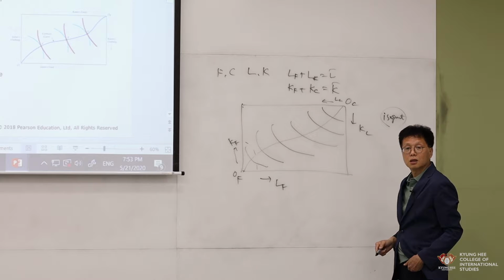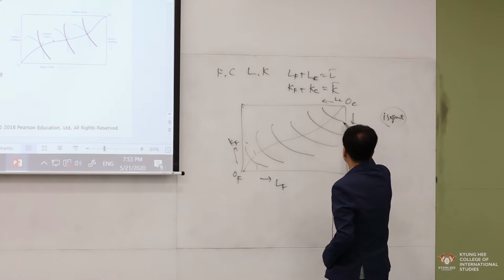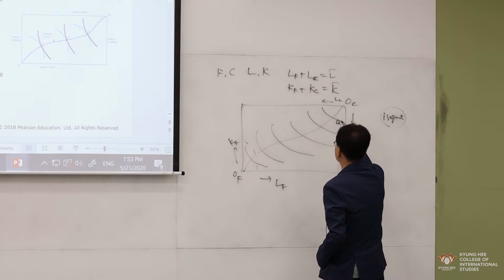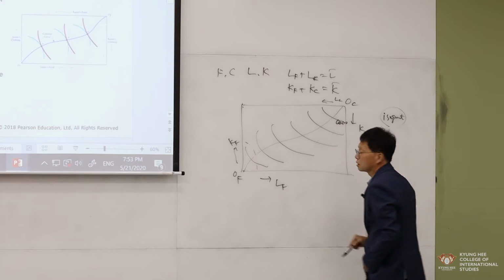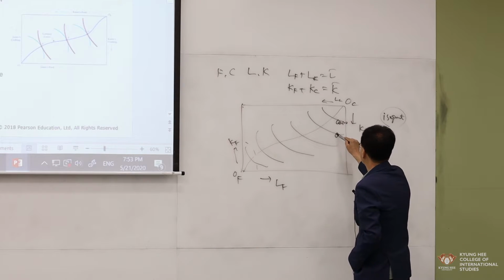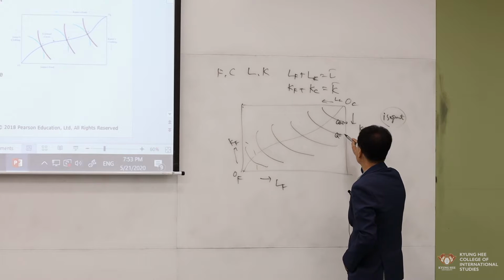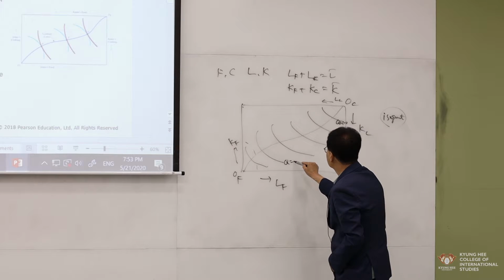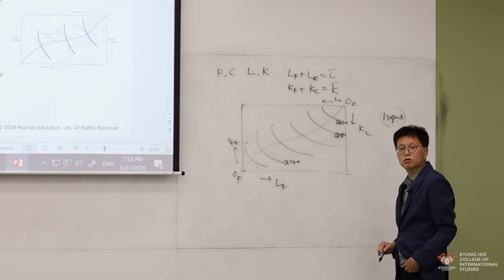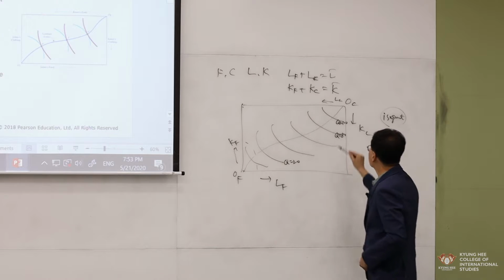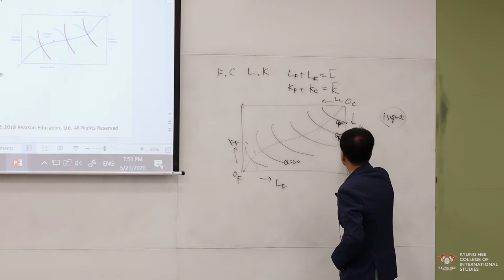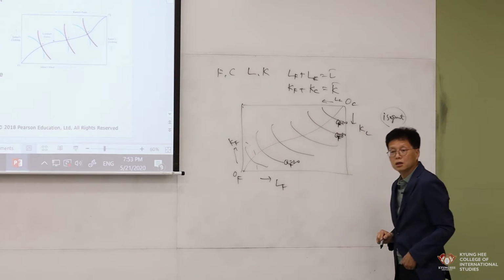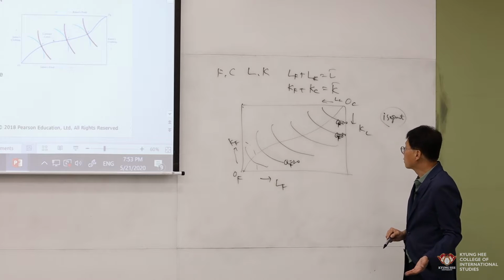For example, that is the isoquant for producing 100 food, that is the labor and capital combination to produce 80 food, and that is the isoquant to produce 20 QF, where QF is 20 food.